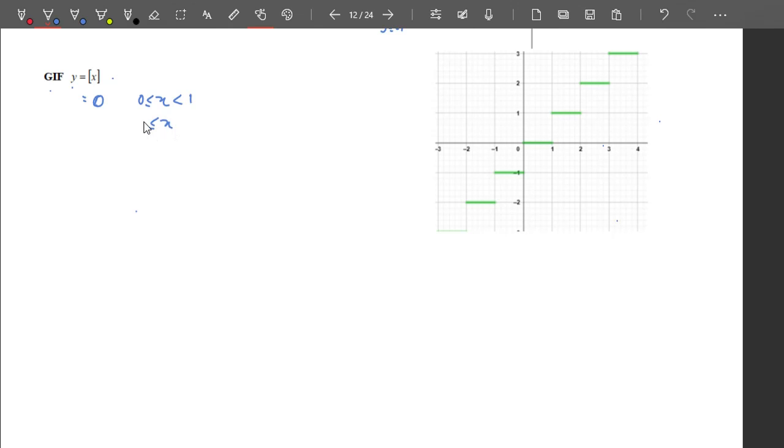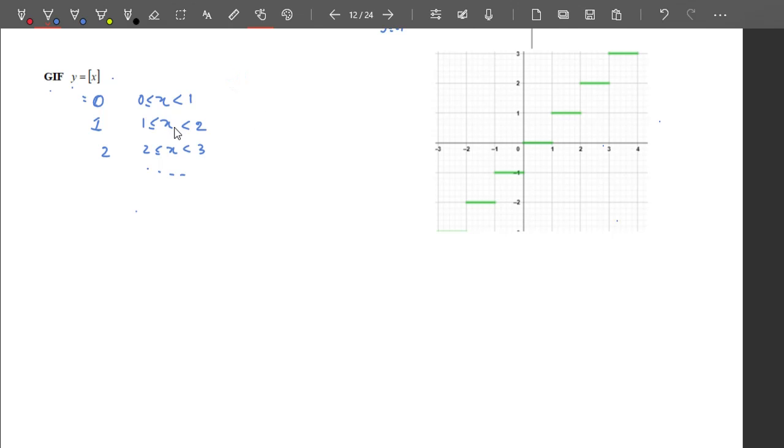When x lies between 1 to 2, it will be 1. When x lies between 2 to 3, it will be 2, and so on.